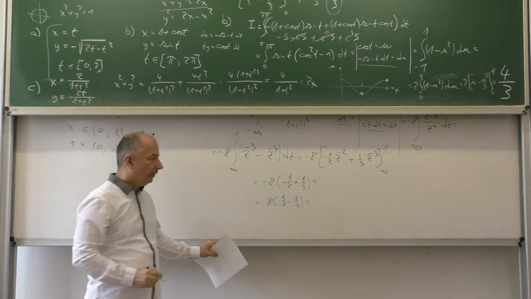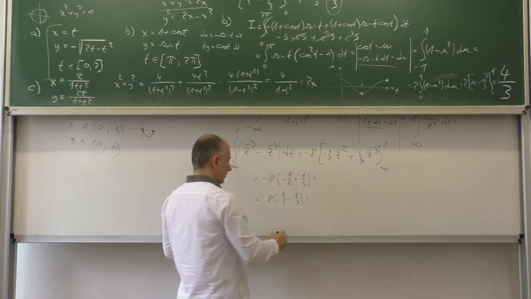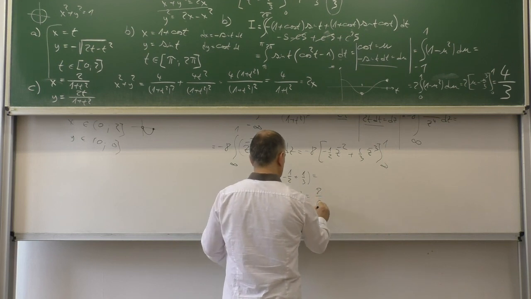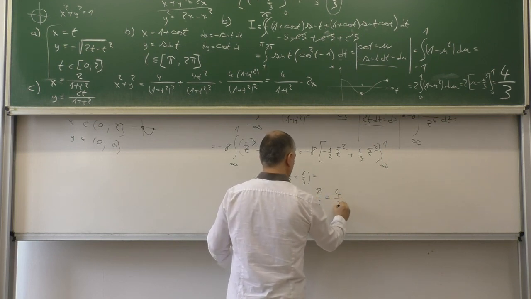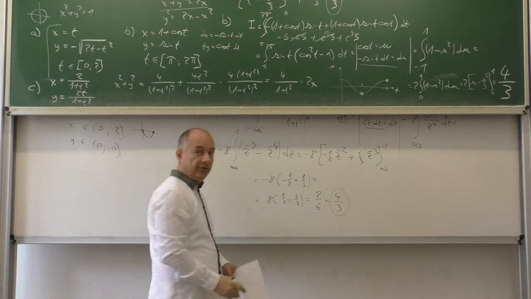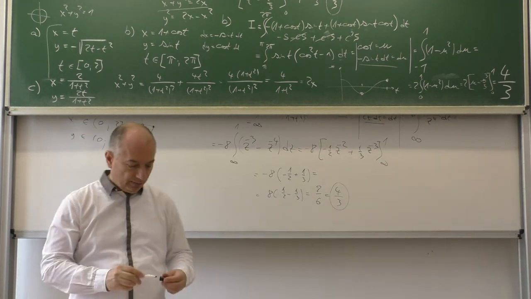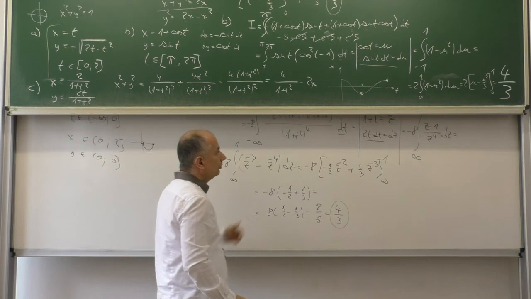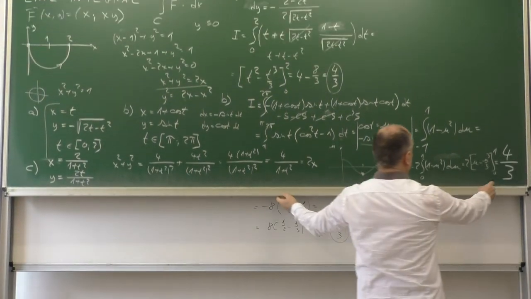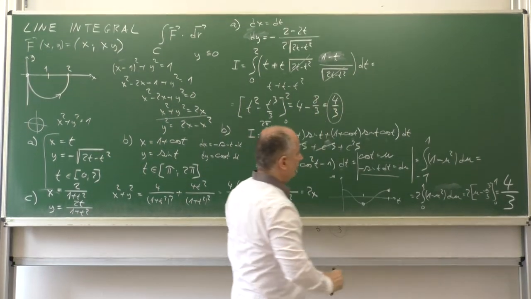And 1/2 minus 1/3 is 1 over 6, which gives 4 over 3. 4 over 3, remember? The same result that we obtained using the first and the second parametrization.